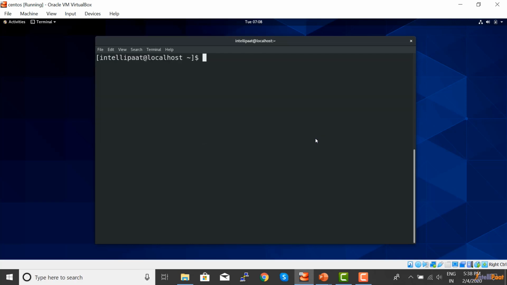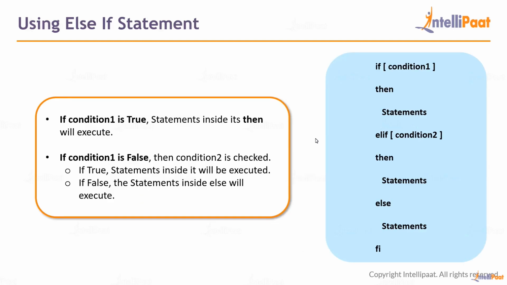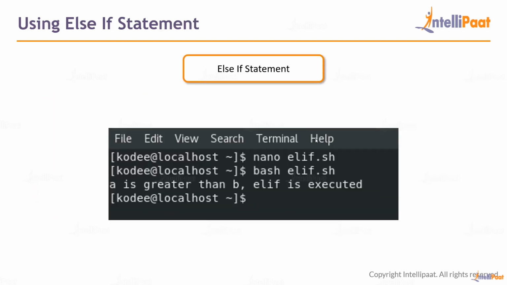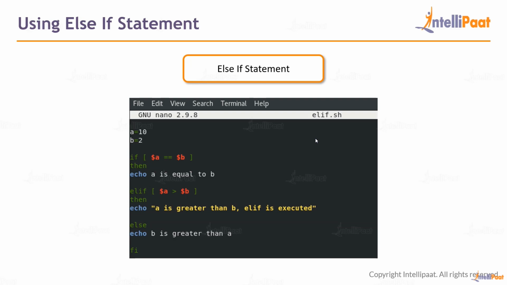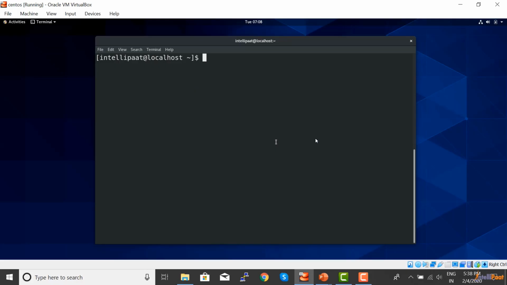Moving ahead, now we'll look at the else if condition. This is what we'll do. We'll give two numbers, and then we'll check which is greater than which, using two different conditions. So first let us go ahead and create a file for this particular shell script. I'm going to name it else if statement dot sh.